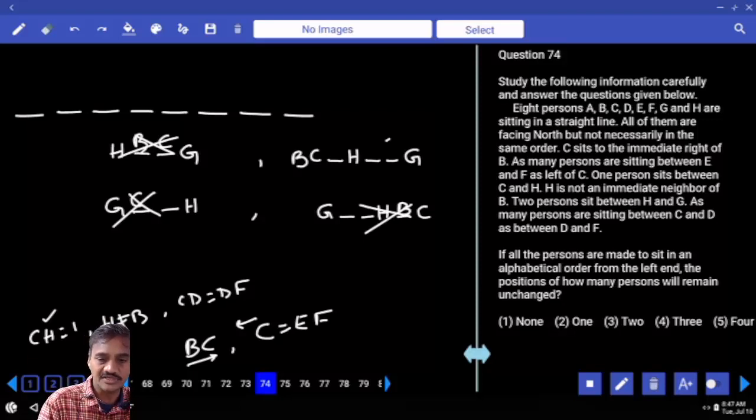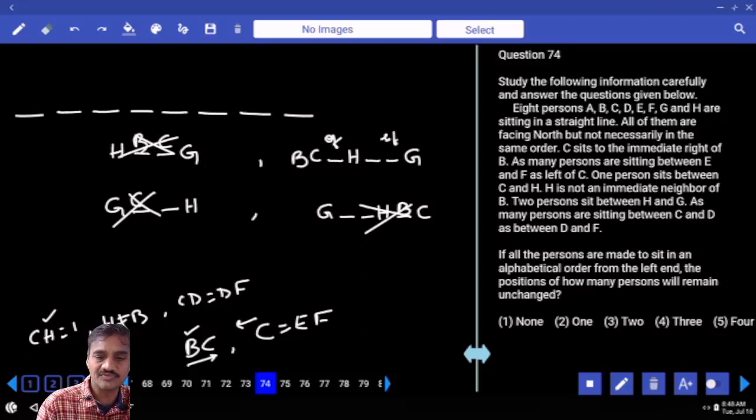Then C and D, D and F. Now B is to the immediate right. The number of persons to the left of C is in between E and F. Now here 3, 4, 5, 6, 7. Maybe there are 2 persons to the left hand side of C or 1 person, isn't it? If there are 2 persons, then in between E and F there must be exactly 2 people, so E and F must be in these 2 places.